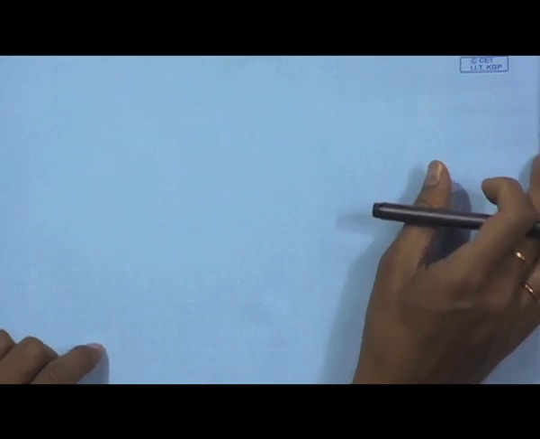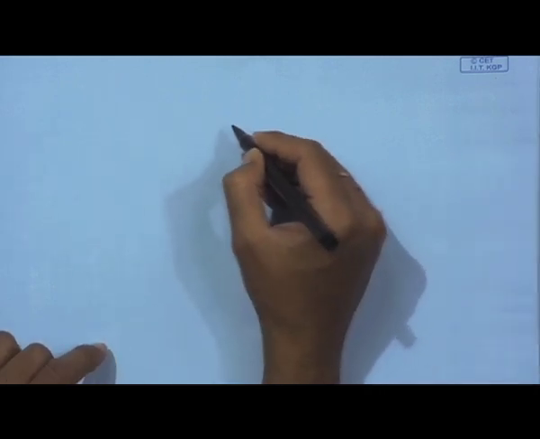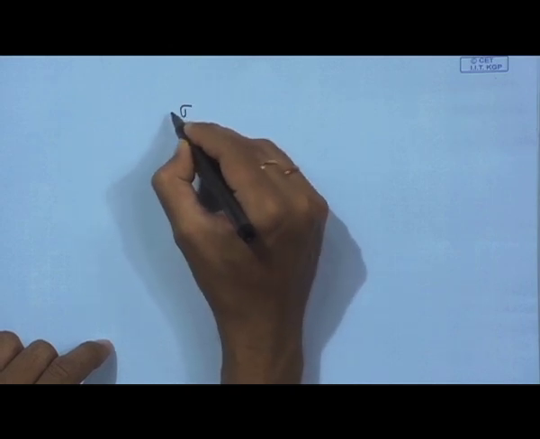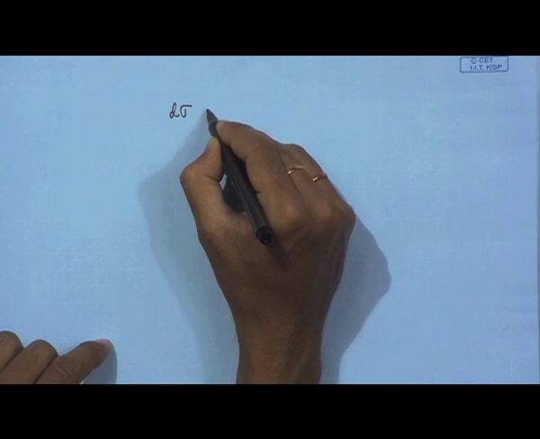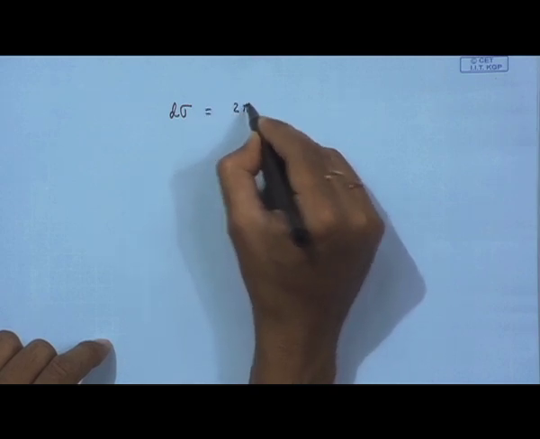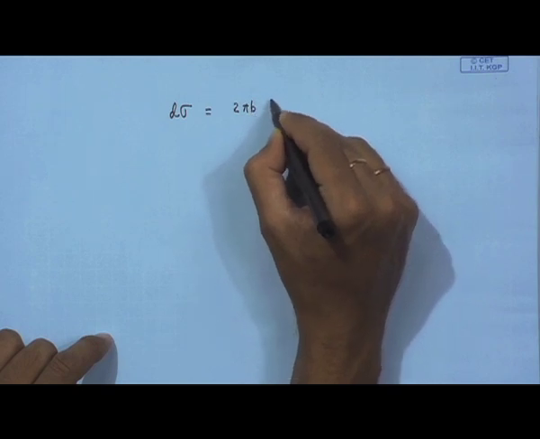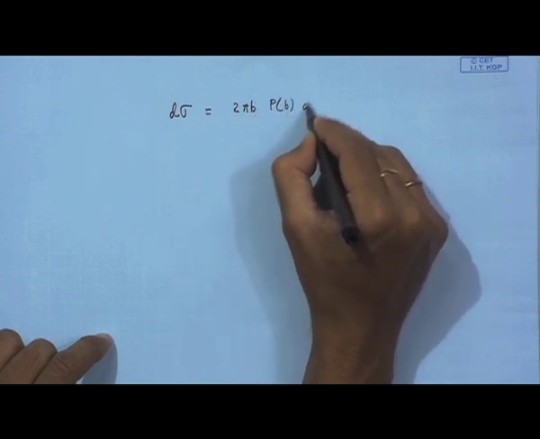Now, in terms of the opacity function, again we can write the reaction cross section d sigma r, which is equal to 2 pi b P(b) db.